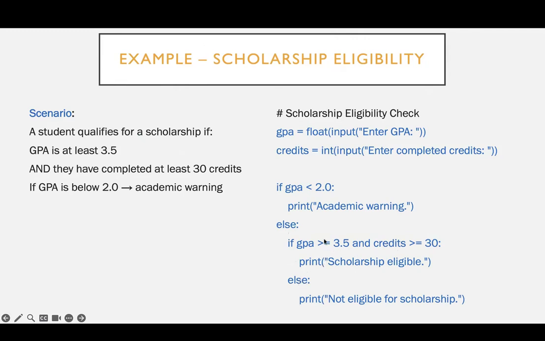Else, whether the GPA is less than 3.5 or there are not enough credits, we just print not eligible for scholarship. So this is an if-else statement embedded inside another if-else statement. And remember, we are using very clear indentation to identify which statement belongs to which block.